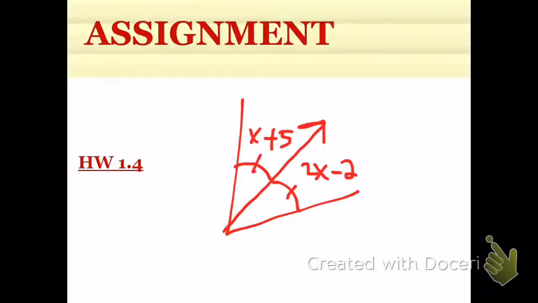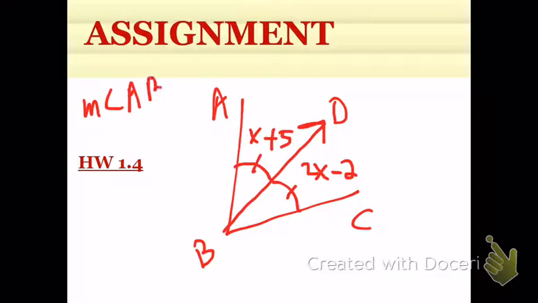And they want to know the measure of, let's call this ABC. We'll call that D. They want to know measure of angle ABC. I better use bigger numbers. Let's say that's x plus 50, and this is 2x minus 12. 2x minus 12.